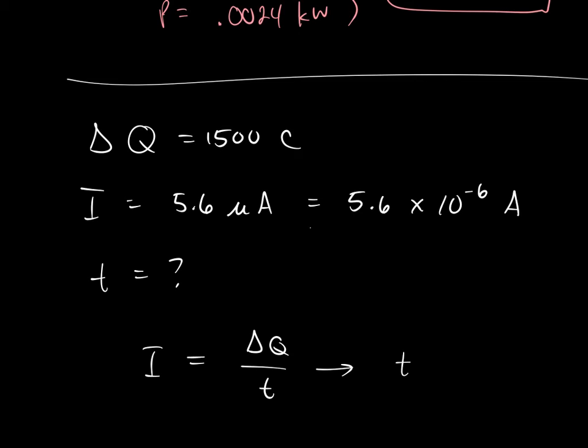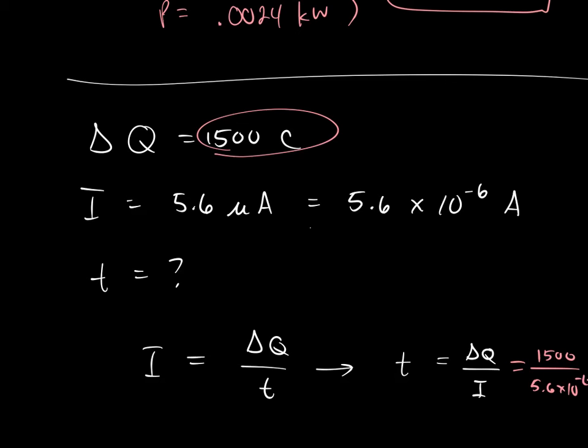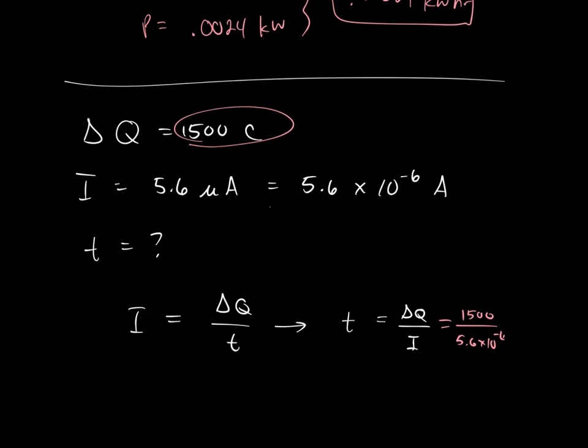Solve for T. And you have those two values. Delta Q is 1,500, that goes in the numerator. And the denominator is 5.6 times 10 to the negative 6. So you literally plug in the numbers.